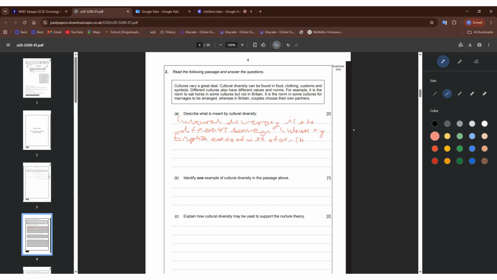Chinese, I mean, correction, Japanese: eat with chopsticks.